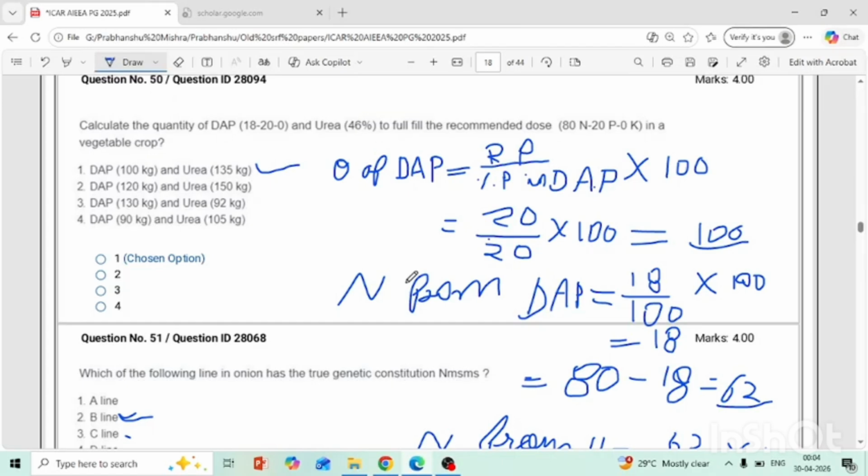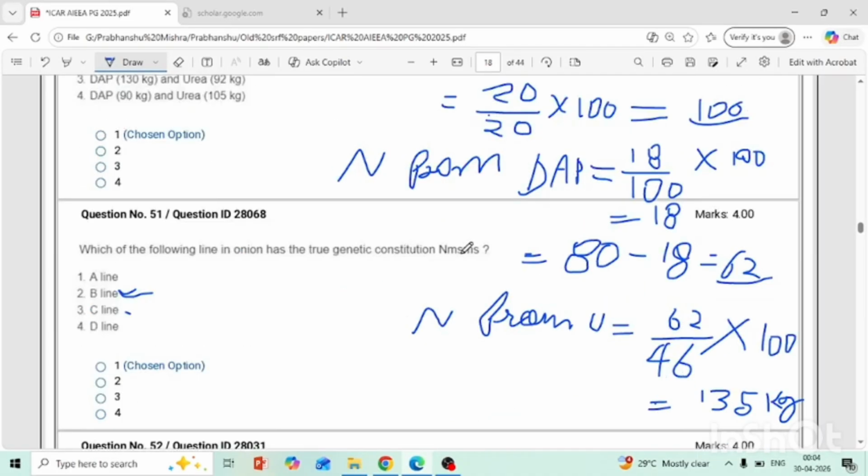Another one: which one of the following lines of onion has the true genetic constitution of N, M, small ms, small ms? So N and small ms present is the B line.